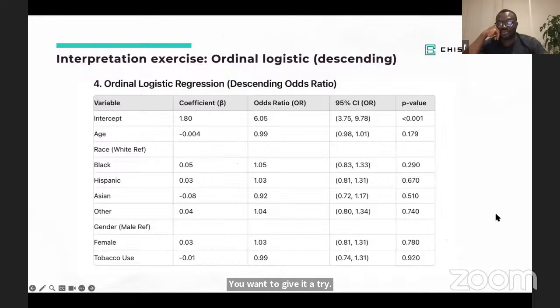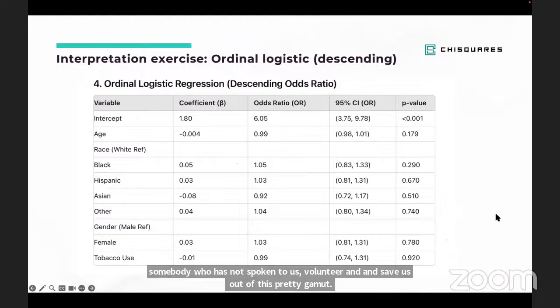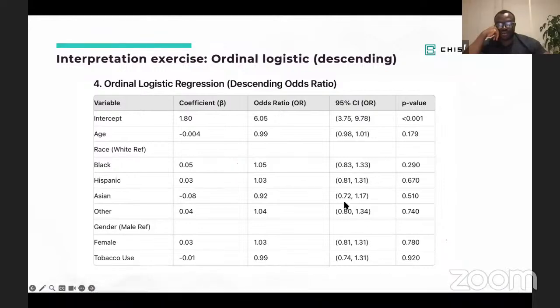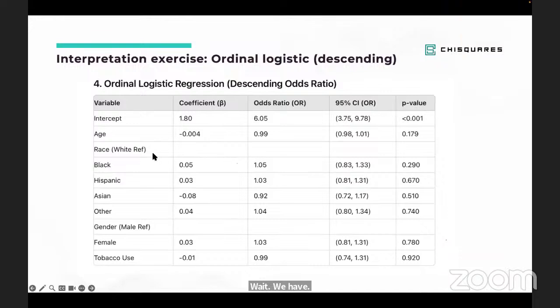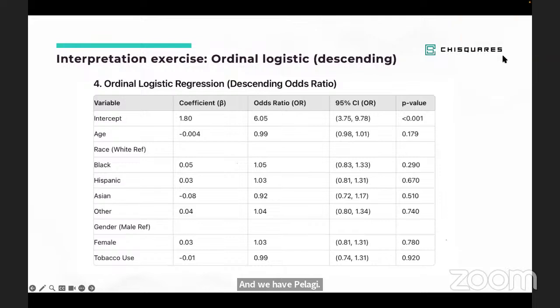Okay, somebody who has not spoken should just volunteer and save us out of this predicament. Wait, Dr. Mustafa. Okay, great. We have Bolaji. All right, please go ahead.